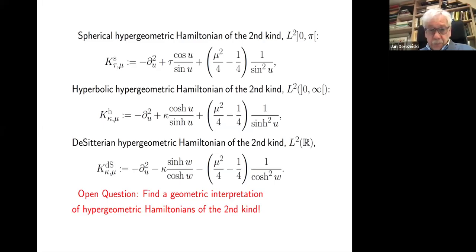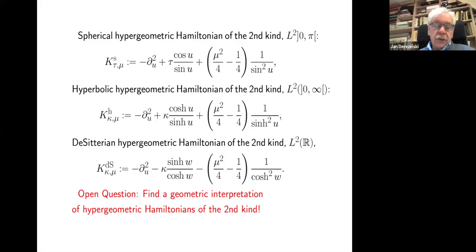Now, let me pose an open question, which at the moment I don't know how to solve. Find a geometric interpretation of hypergeometric Hamiltonians of the second kind.